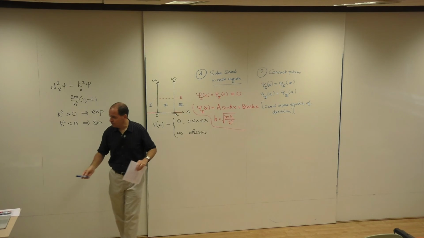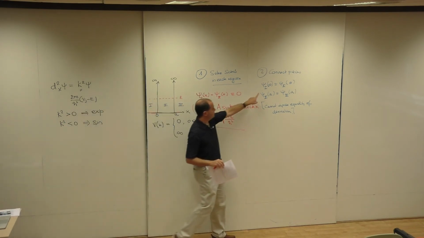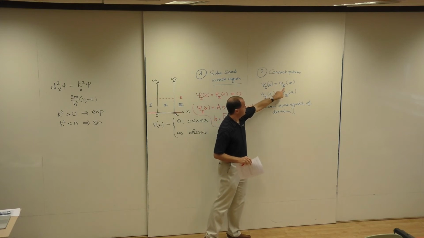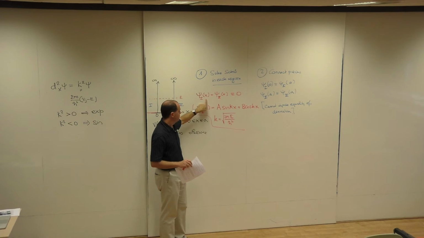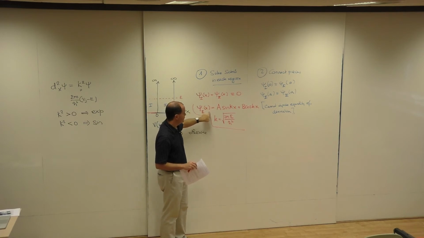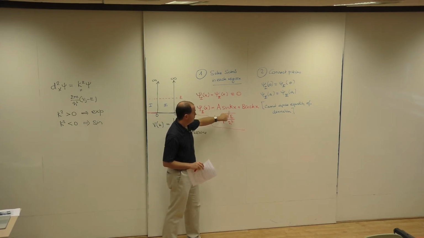Okay, but now you see that the solution is essentially trivial, right? Because if I impose this, psi 1 of 0 is equal to psi 2 of 0, and psi 1 of 0 is 0. What is psi 2 of 0? Well, psi 2 of 0 is A times 0, well, fine, that part is 0.